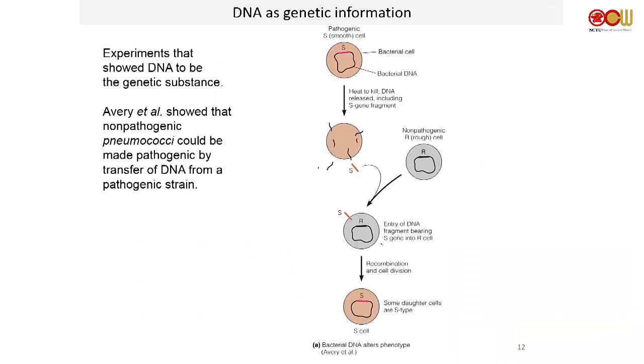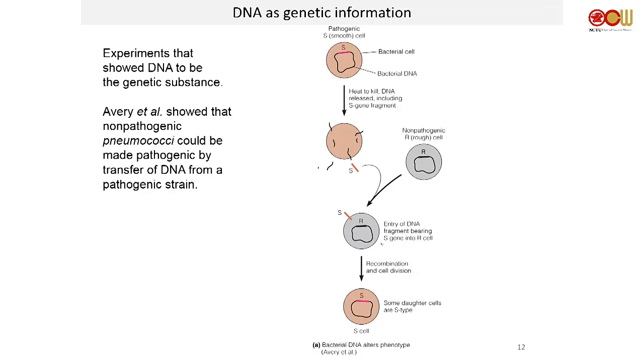All right, the next experiment was the Avery experiment. What they were doing was, they knew that a certain gene or a certain piece of information inside of a bacteria will make this bacteria pathogenic, toxic to animals, but they didn't know what it is.